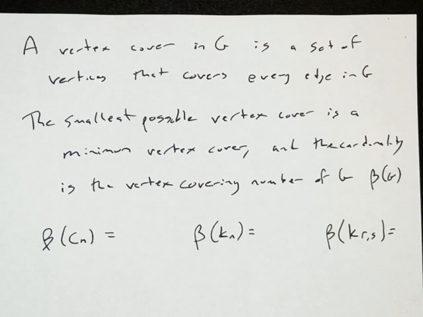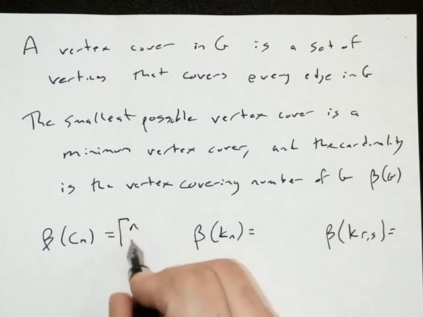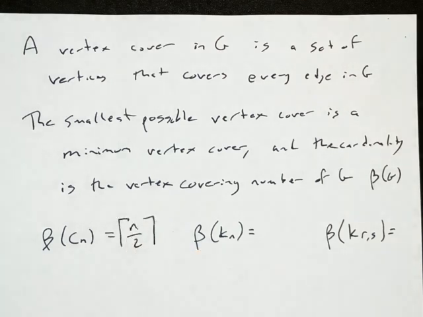A pentagon, the same way we said, I have to skip one of these, now I have to add one, because going around the pentagon, I need to cover one of those vertices to get that edge. So yes, ceiling of n over 2. Hey, wait a second. Floor of n over 2, ceiling of n over 2.